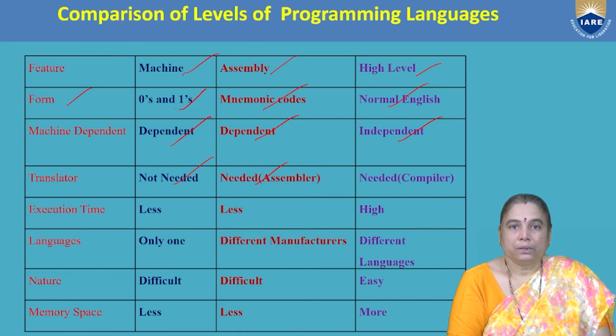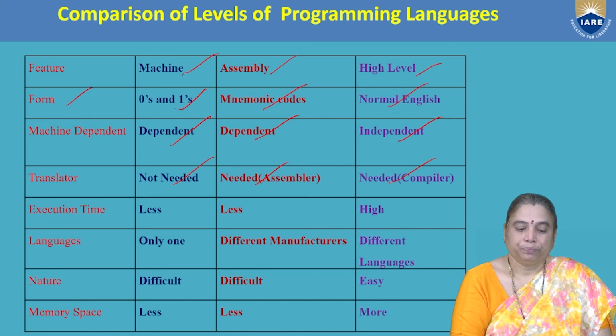Because mnemonics are introduced in the assembly language. So to convert these assembly language programs into binary or machine code, an assembler is needed. And here high level language is purely formed by using the natural language English. So to convert this, we can use either a compiler or an interpreter.